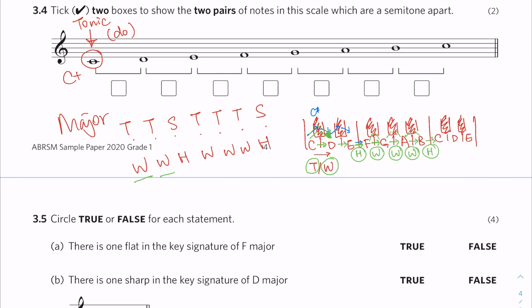Alright? So that's the formula of a major scale. Here, I need to find the 2 pairs of notes that are a semitone apart. Going from here, this is tone, tone, semitone, tone, tone, tone, semitone. So I need to take this one for semitone and this one for semitone.